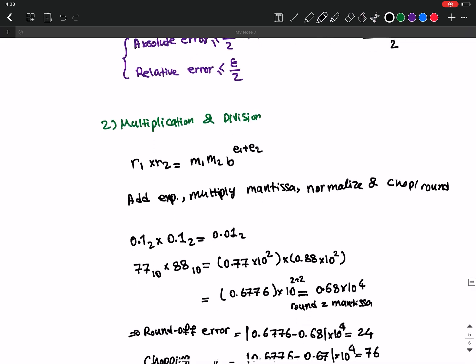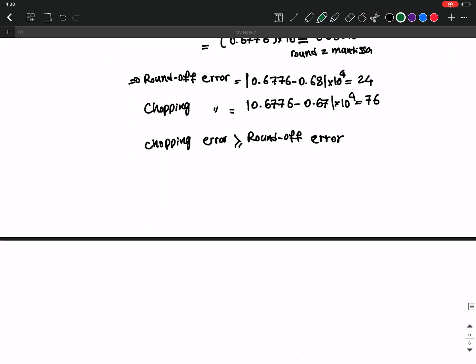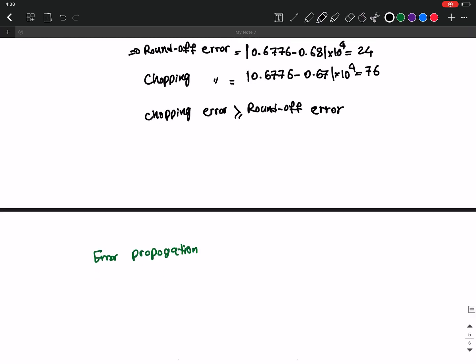So this is when you have multiplication and division. And the other thing I wanted to talk about is error propagation. This is very important when you deal with programming, because this is one of the important error sources in your programs.